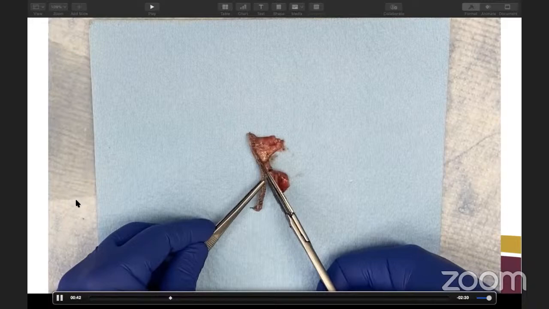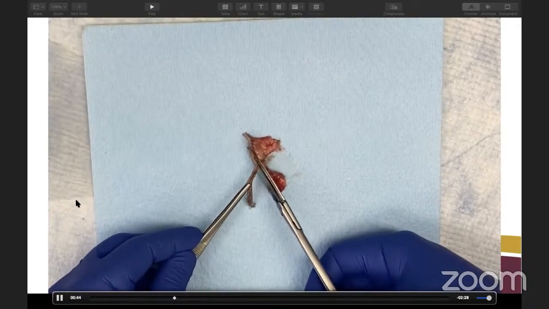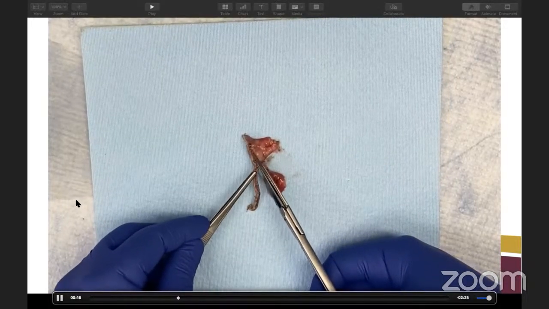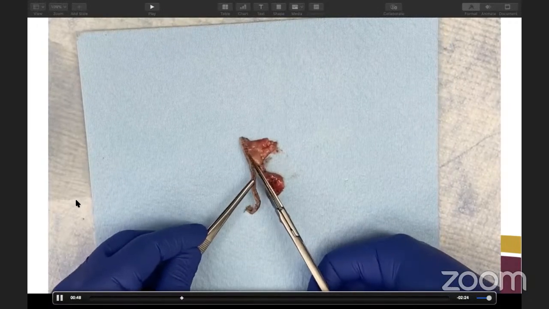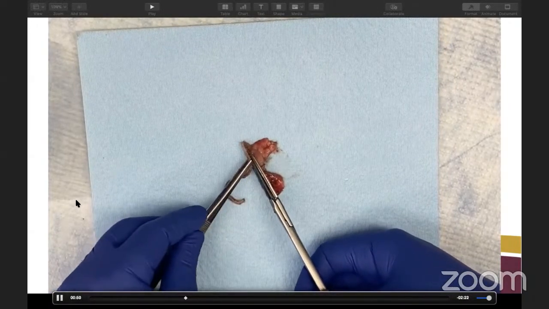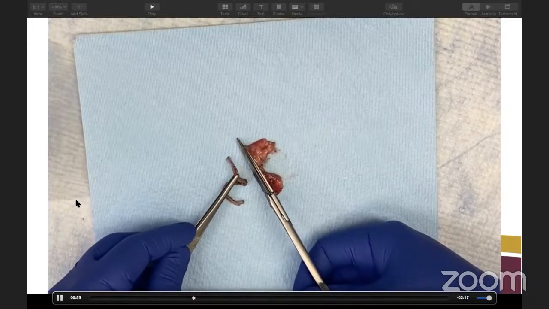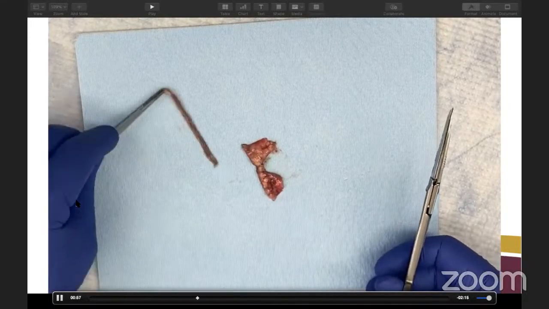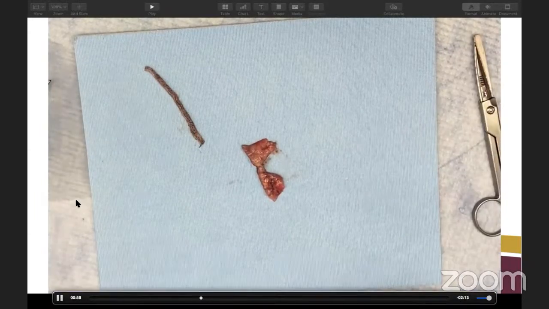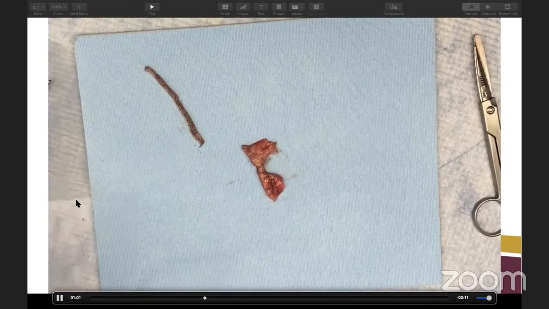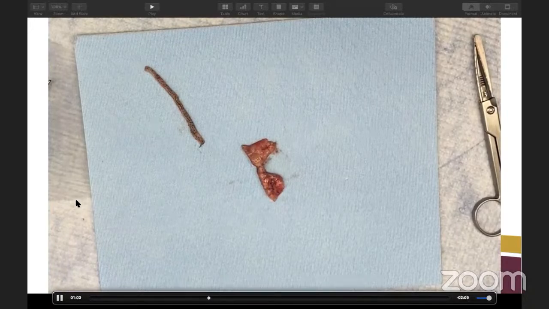Again, getting as close as you possibly can to the staples. And then that exposed tissue, that's the true surgical margin, and I'll ink that orange.